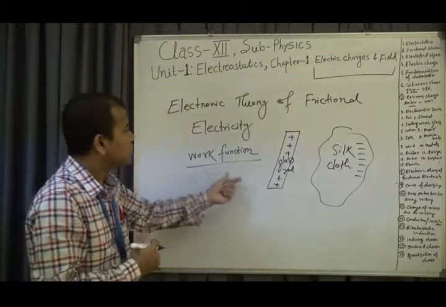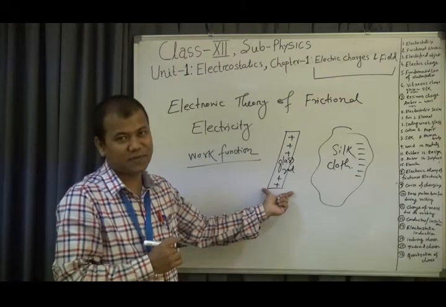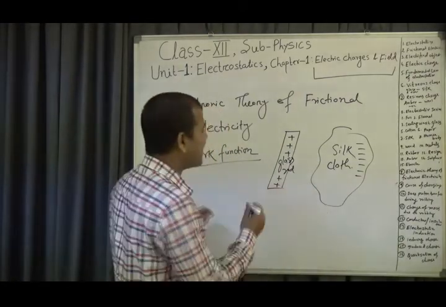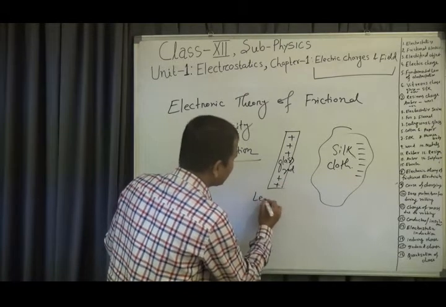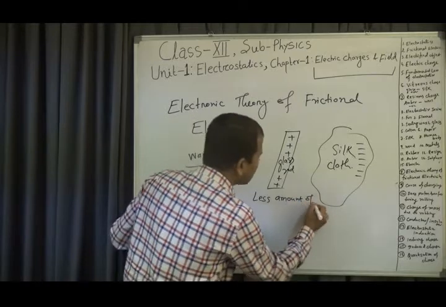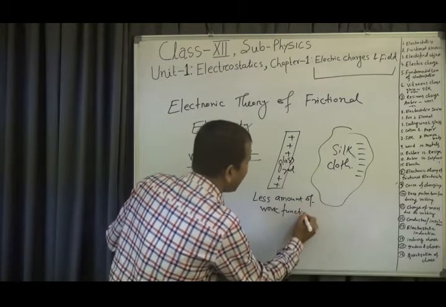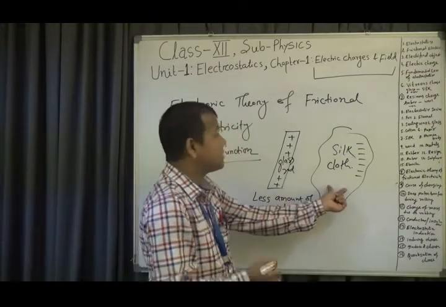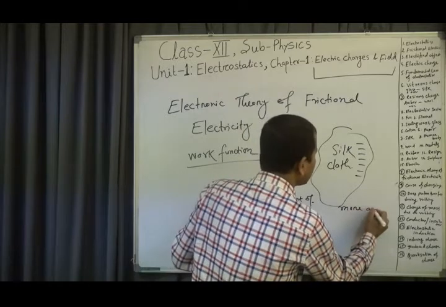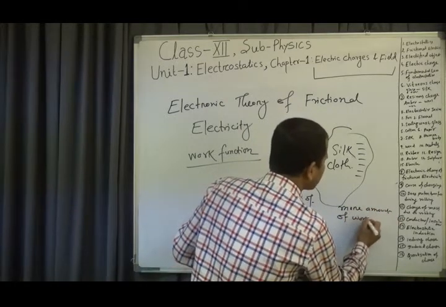In this case, the glass rod has a lesser work function and the silk cloth has a greater work function.